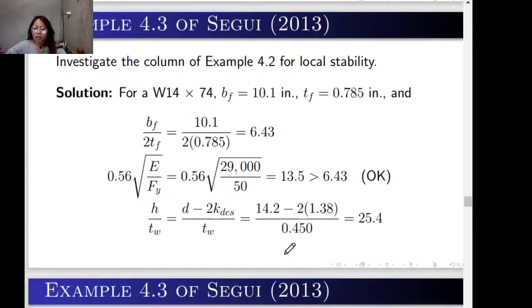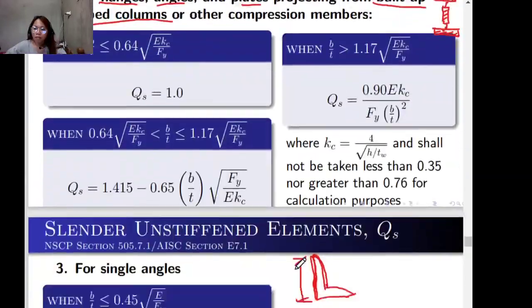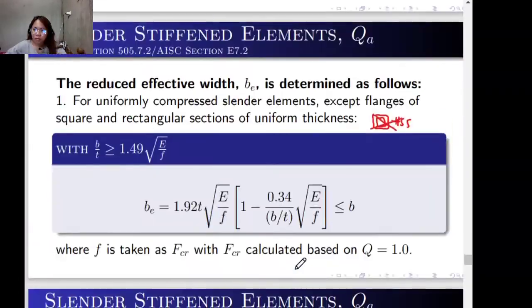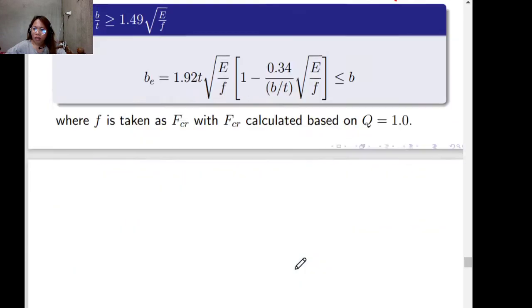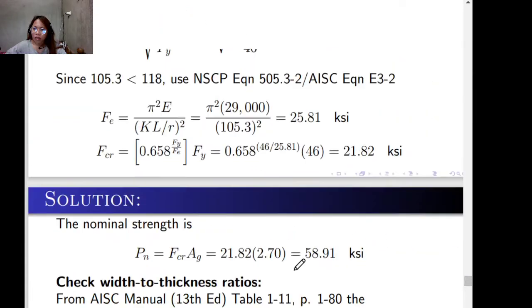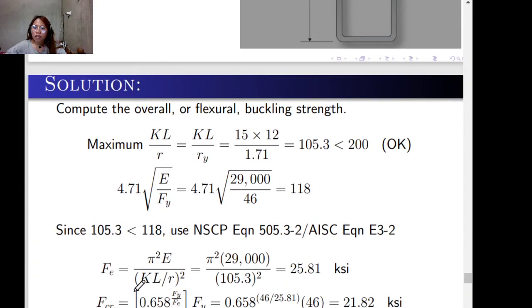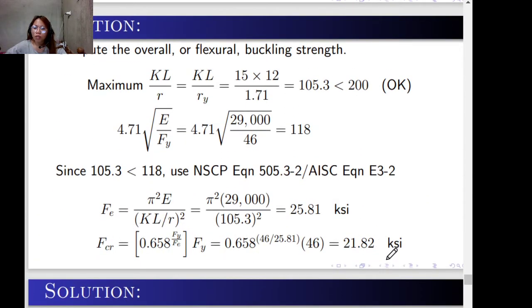So let's go back to the problem. Where are we? Yes. So the value is 21.82 KSI.